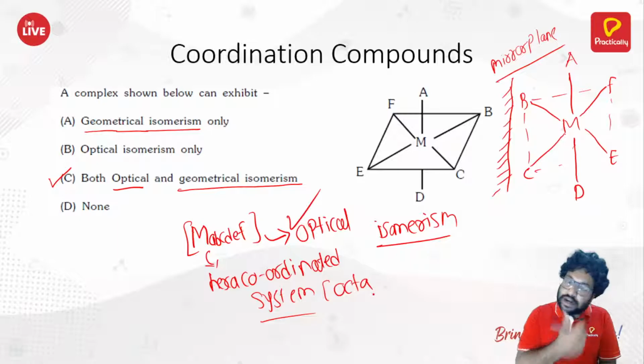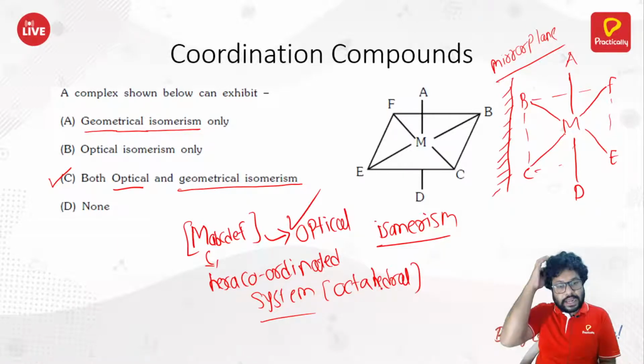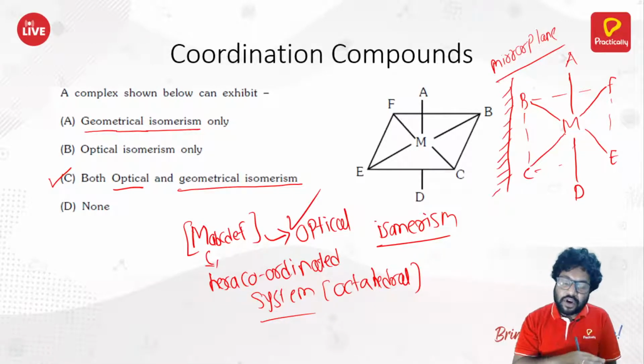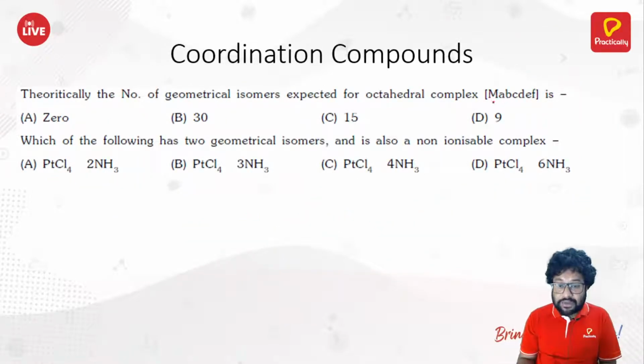A 6 coordinated system is generally always octahedral. Now in this octahedral, every ligand is different: A, B, C, D, E, F, all the ligands are different. And such a type of compound can show 15 geometrical isomers.